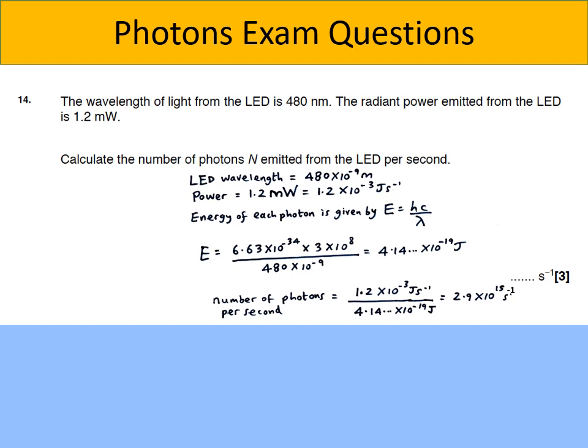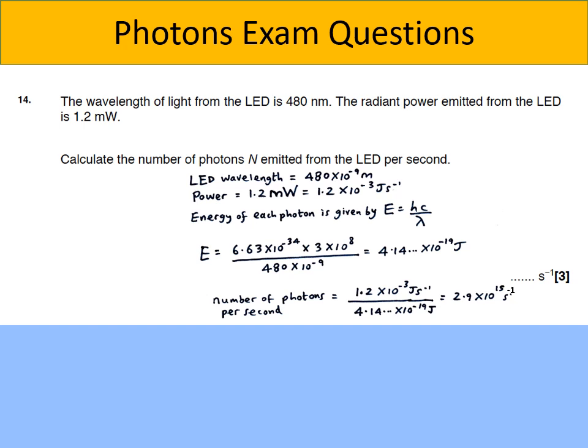We get 4.14 times 10 to the power minus 19 joules. So the number of photons per second is equal to 1.2 times 10 to the power minus 3, divided by 4.14 times 10 to the power minus 19, and we get 2.9 times 10 to the power 15 photons every second.